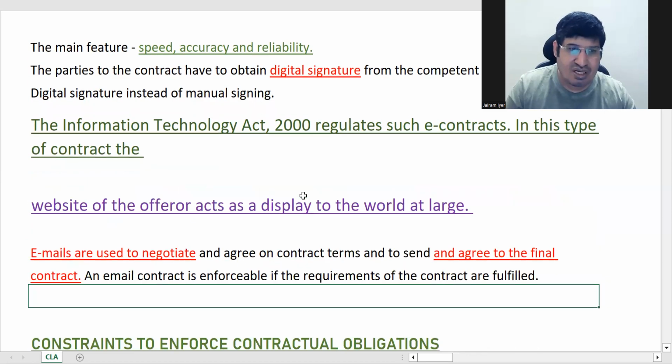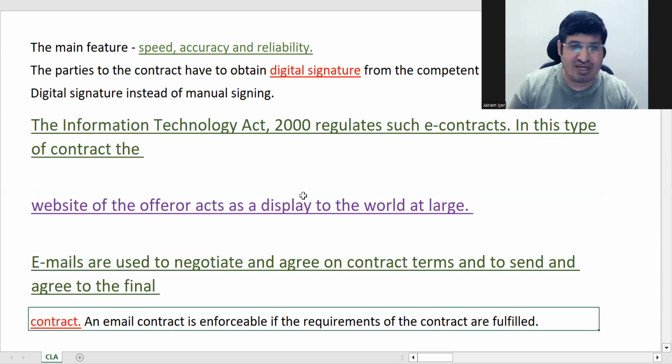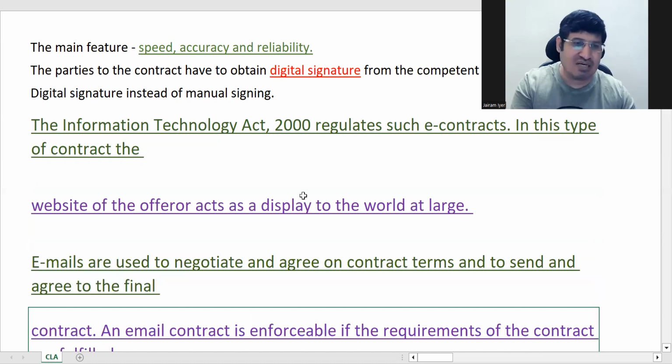Emails are used to negotiate and agree on the contract terms and to agree to the final contract. So basically, these are e-contracts. You will be using electronic means only. In Amazon and all, you will not send an email, but after you buy, they send an automated email.